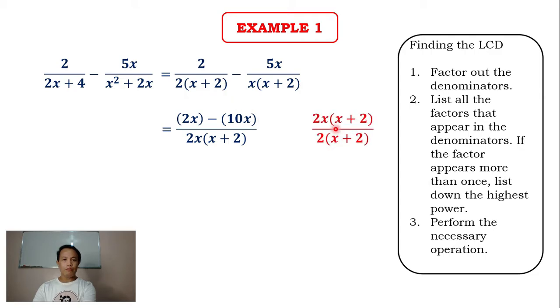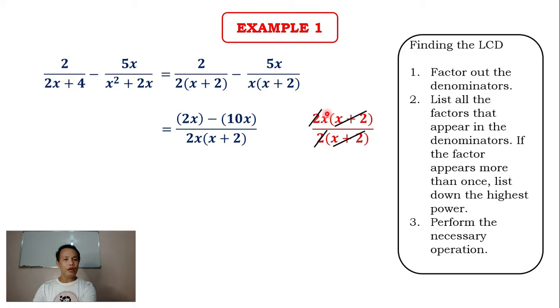We cancel out 2, since they are the same factor, and also x plus 2. What remains is the x.